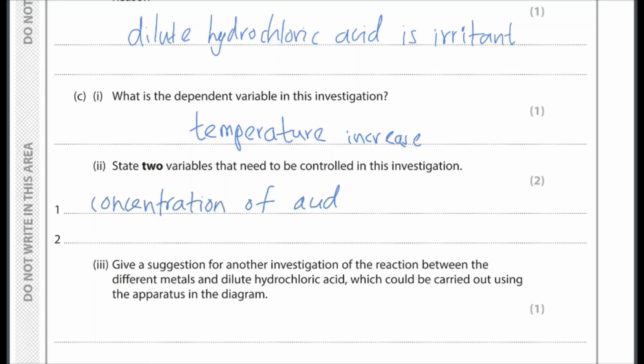If it is powder, even though it's the same metal, with a different surface area and different amount of mass, the reaction time and the temperature increase can be different. So we can note down, I put a comma and write the third point that I have, the surface area of the metal.